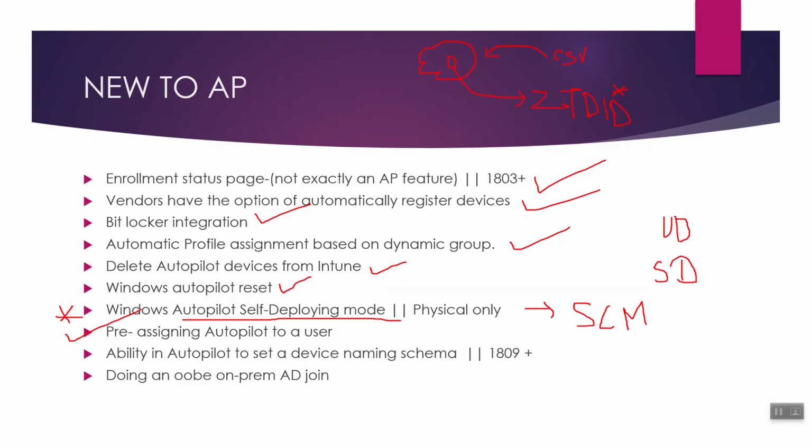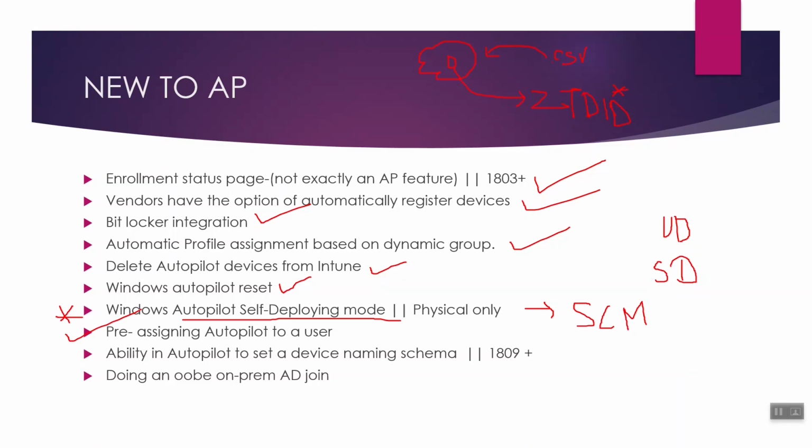You don't ship it to me. These 10 devices go directly to the end user, and the end user powers it on and goes through the out-of-the-box experience. So obviously I as an admin already know which device is going to which user.